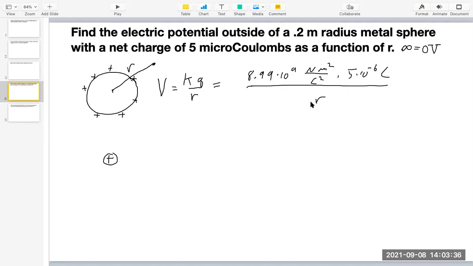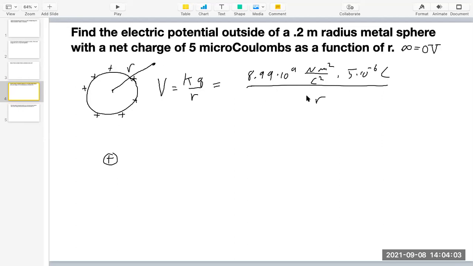And our units, we have newton meters squared per coulomb, or joule meters per coulomb, or volts times meters.